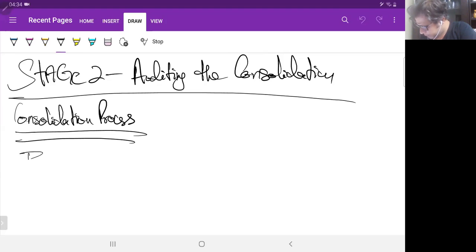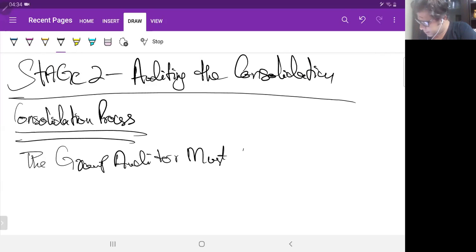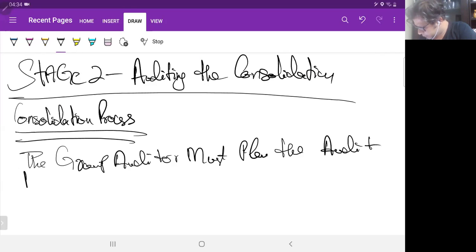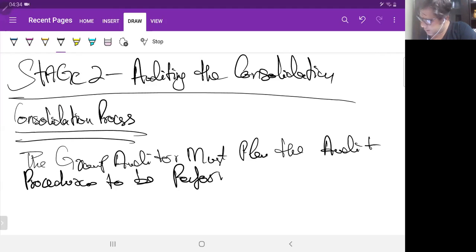The group auditor must plan the audit procedures to be performed on the consolidation process.